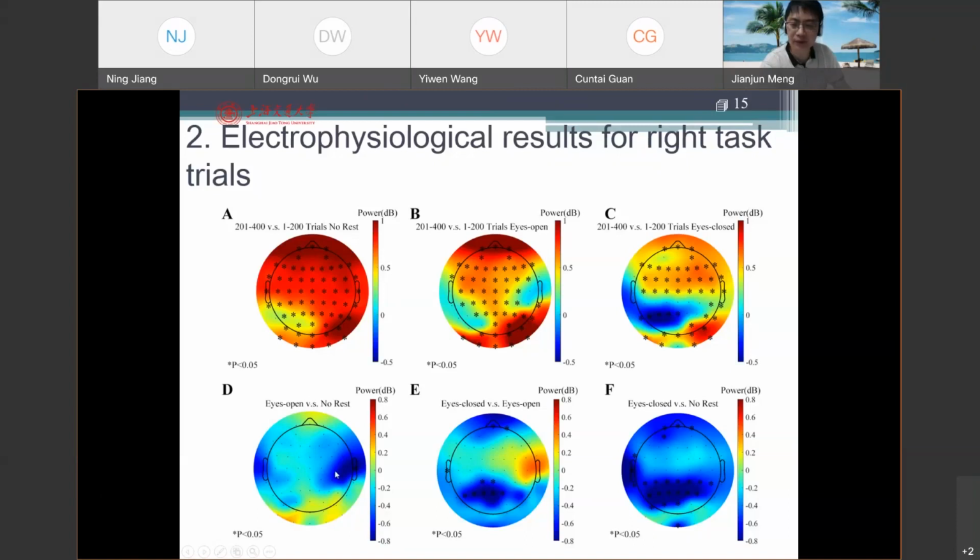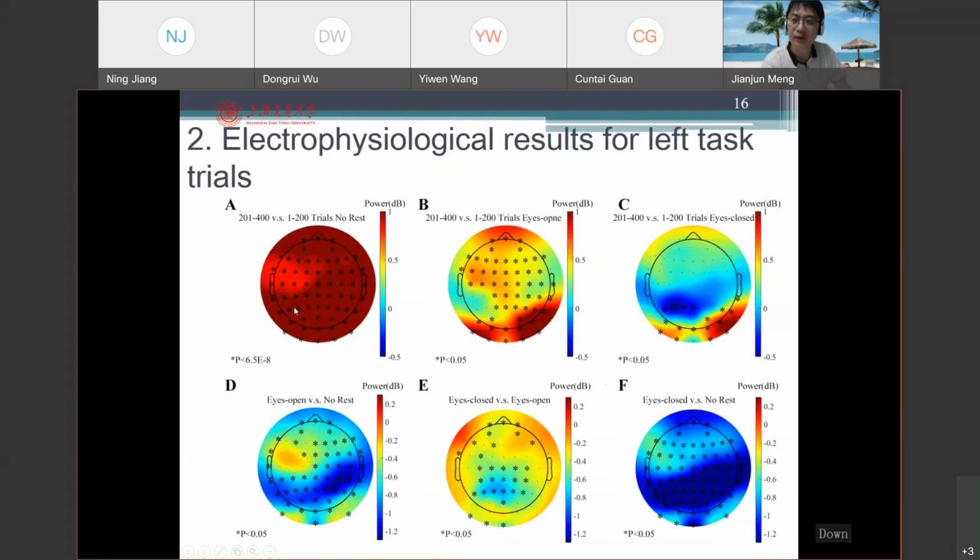And we find that the effect of eyes closed rest was significantly different from the other two sessions, in the right target trials. This result means that in the right target task, the eyes closed rest might have an inhibitory effect against the increase of the 8 to 13 Hz alpha band power at the parietal and occipital area. That means resting with eyes closed might have this inhibitory effect against the alpha power increase.